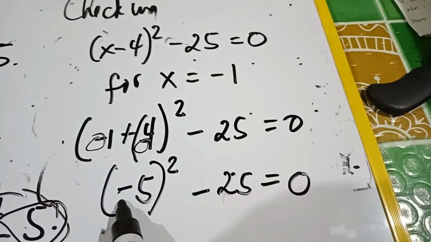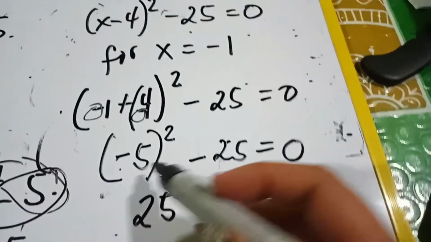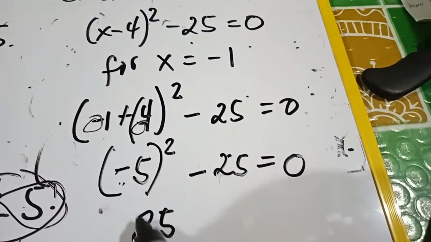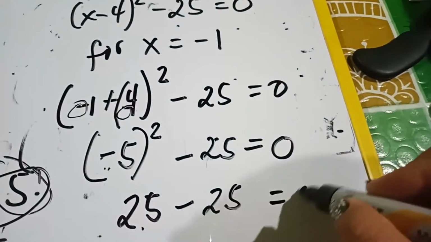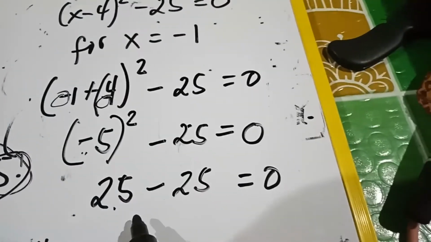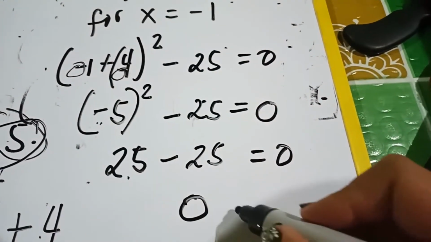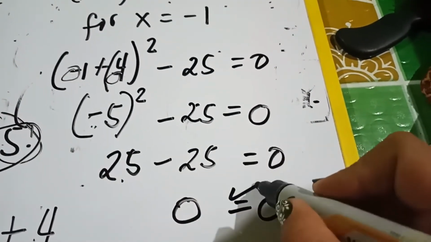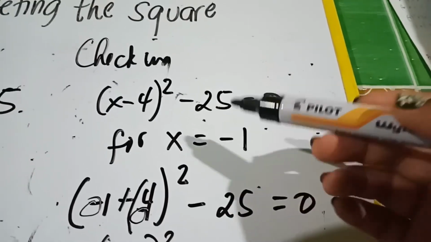So, negative 5 squared, that is positive 25. Because negative 5 times negative 5 is equal to positive 25 minus 25 is equal to 0. 25 minus 25, okay, is equal to 0. Is 0 equal to 0? Yes. So, therefore, negative 1 can satisfy the solution.